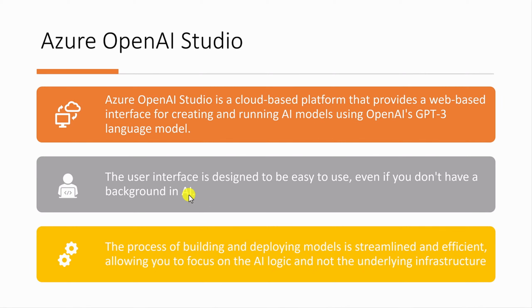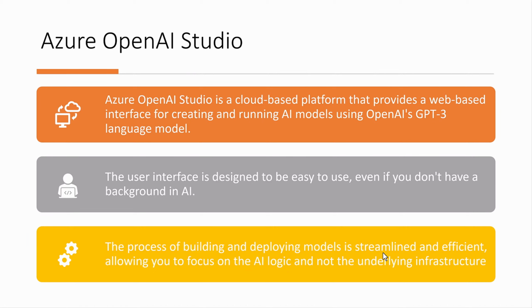That's it. You can easily build and deploy the model in Azure OpenAI Studio. And finally, the process of building and deploying a model in OpenAI Studio is easy. You can just focus on your task. You don't worry about the underlying infrastructure, how OpenAI is handled and everything. It's completely taken care of by the Azure service.